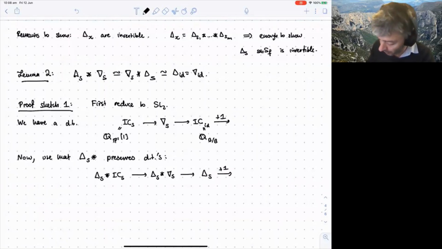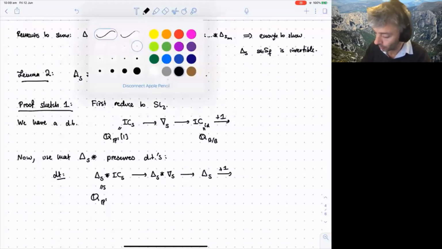So this means that we get a distinguished triangle like this. And now I don't want to ruin the surprise. So I will partially ruin the surprise by saying that this is isomorphic to Q on P1.